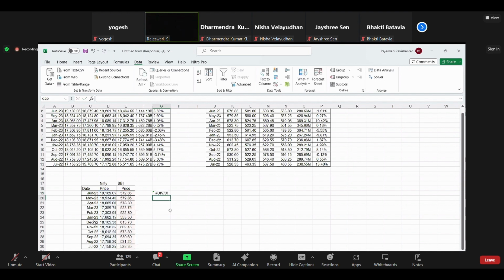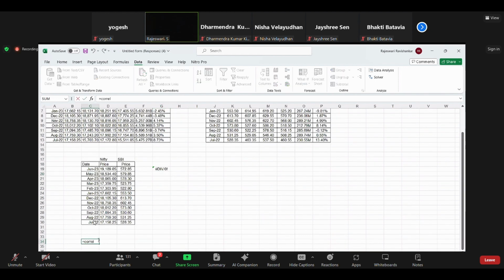For that only it is used. Some errors are coming. I'll just put it in a separate sheet.